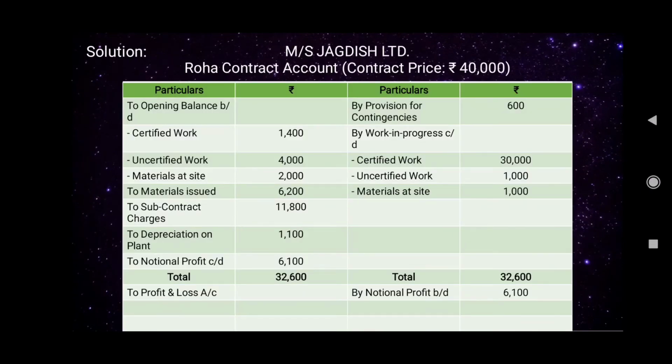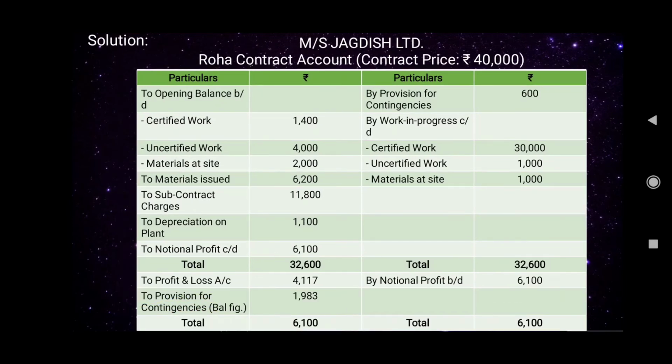So we'll record it. To profit and loss account amount is 4117. So let us take the total of both the sides, which will be 6100, and the balancing amount which is coming on the debit side will be termed as provision for contingency, which will be 1983.